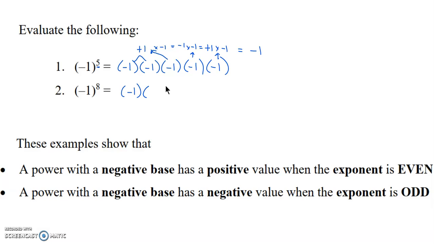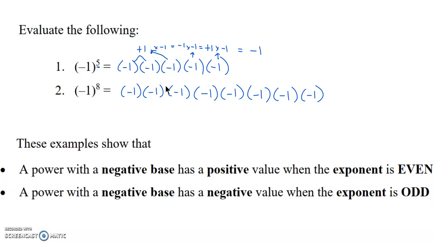-1, and this is a positive, sorry, an even positive exponent. -1 times -1 times -1 times -1 times -1, that's 5 of them, 6, 7, 8.